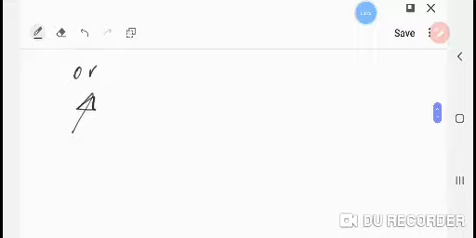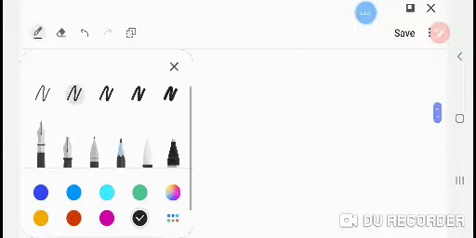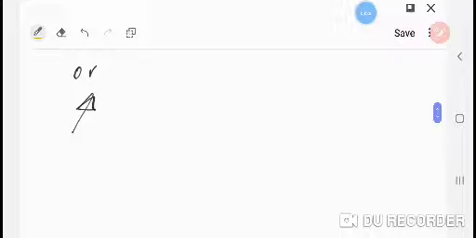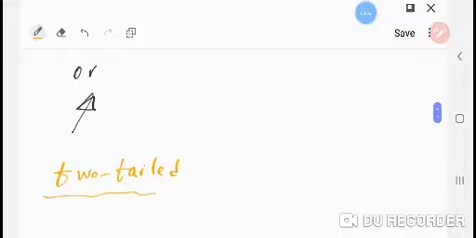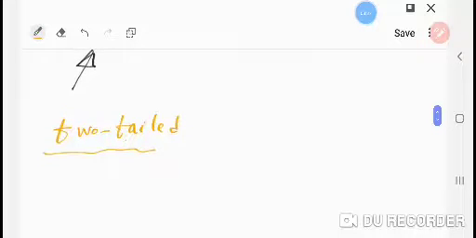Sometimes we have to use a two tail test, because both sides are important. For example, when we investigate whether a new analytical method gives a mean result different from that of an established method.